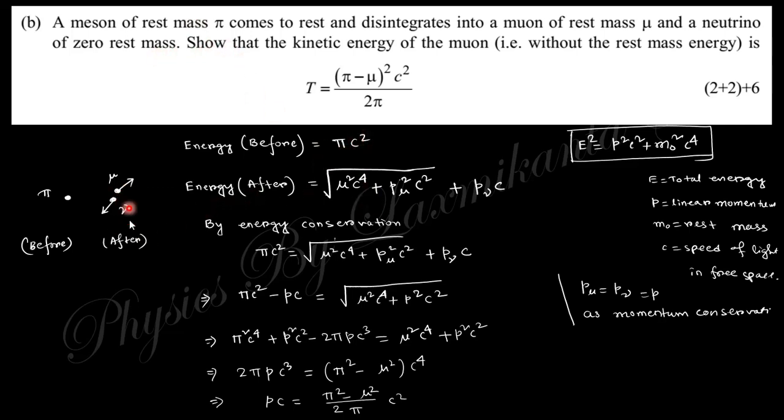And after this disintegration, this will be the energy of the muon, and this is the energy of the neutrino. Because the neutrino has zero rest mass, this component will be zero. By energy conservation, these two are equal, and from momentum conservation, the momentum of the muon and neutrino will be equal. So putting this value, you will get this relation.